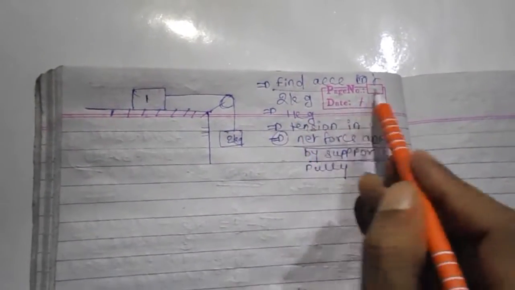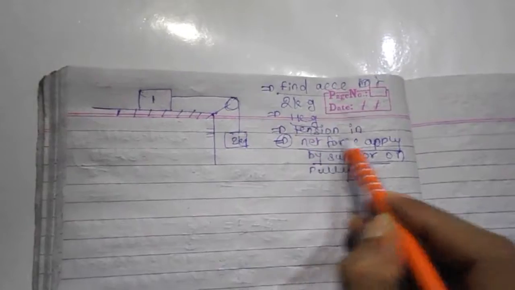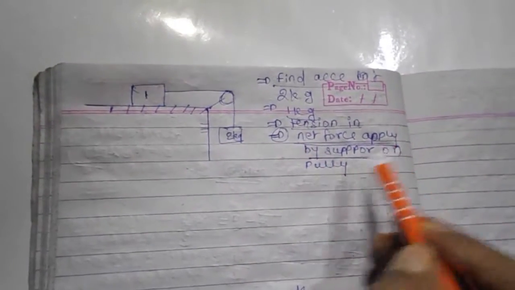These are the questions. Find the acceleration of the 2 kg block, the 1 kg block, the tension in the string, and the net force applied by the support on the pulley.